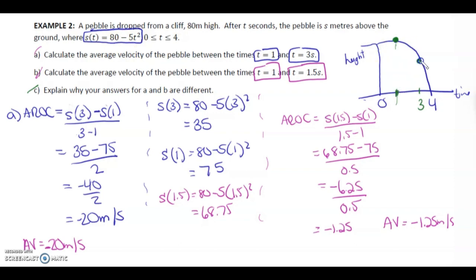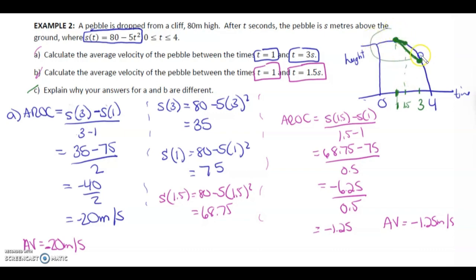So between 1 and 3, we have a big difference going downward, okay? That's much more steep than between maybe 1 and 1.5. Let's call this 1, let's call this 1.5, okay? So a lot more steep.